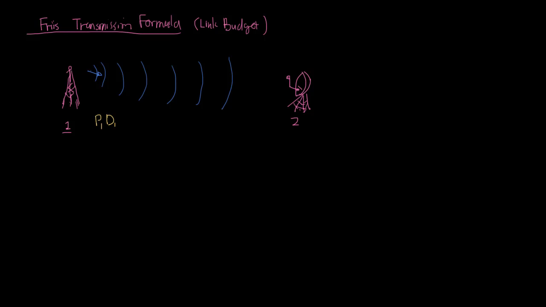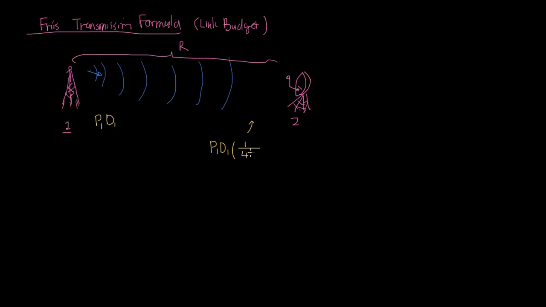Now next up, let's say that you are sitting a distance r from the transmitter. So now this is going to diffuse as a function of the surface area of the sphere of radius r. As r increases, this power density is going to decrease based on the surface area of this sphere. So the power that we have is going to be P1 D1, but now it's going to be reduced by the surface area of a sphere of radius r, which is what?